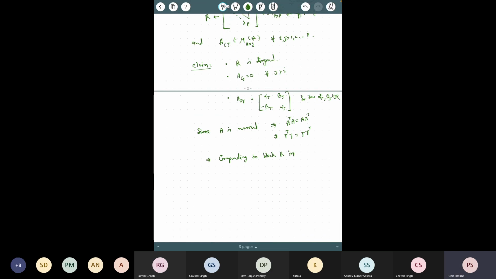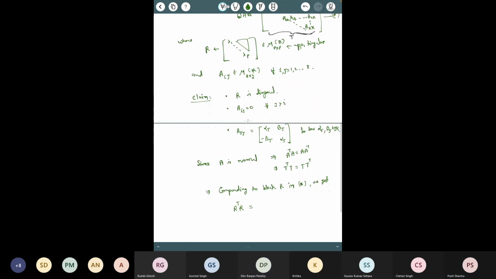So corresponding to block R in star, what do we get? When we do T transpose T, the 1 block in the left hand side would be, as you are saying, R transpose R. And what would be the right hand side? That means the 1 block in the right hand side of T T transpose. R R transpose. Just R R transpose? Or is there something else also?